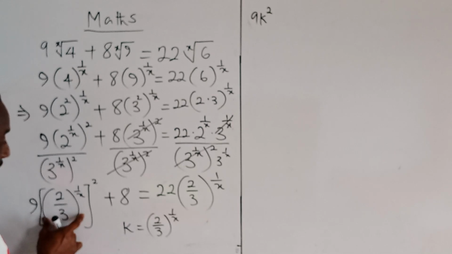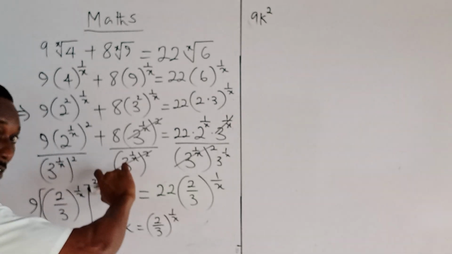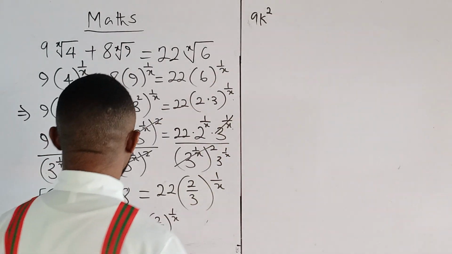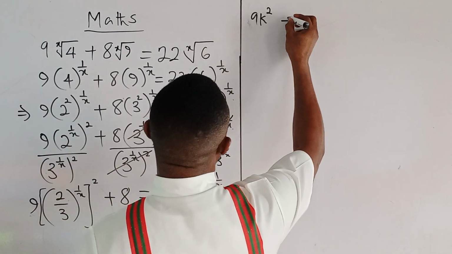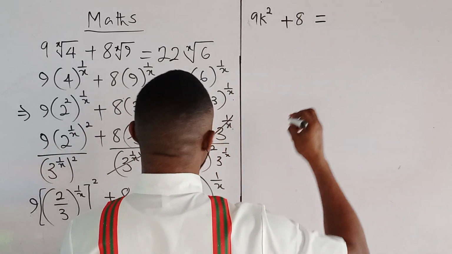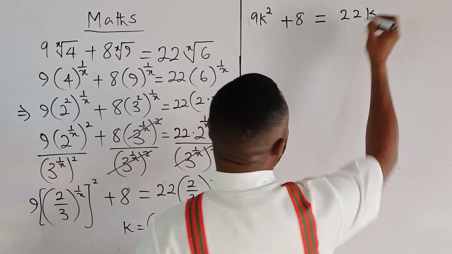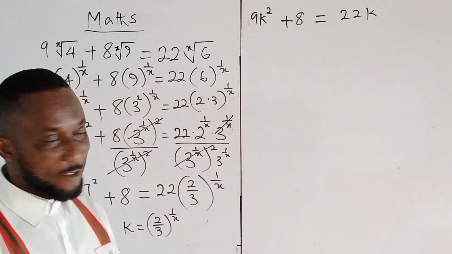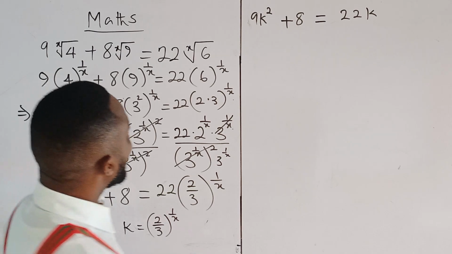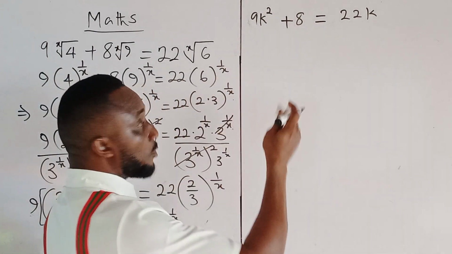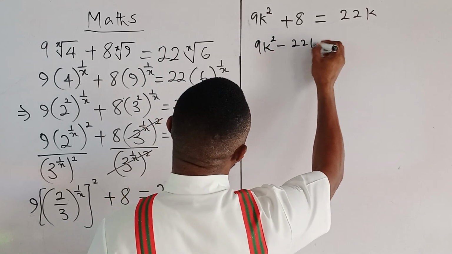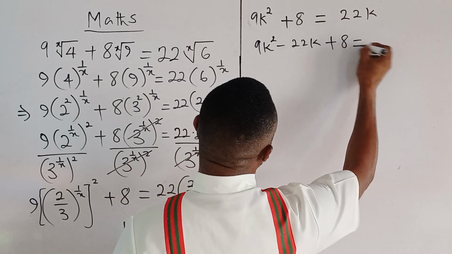So if I put k here, I'll be having k squared multiply 9, which is 9k squared. Then the middle we'll be having plus 8. To the right side, we're going to be having 22k. So this is a quadratic. So I will rearrange it, take everything to the left equal to 0. So 9k squared minus 22k plus 8 equal to 0.